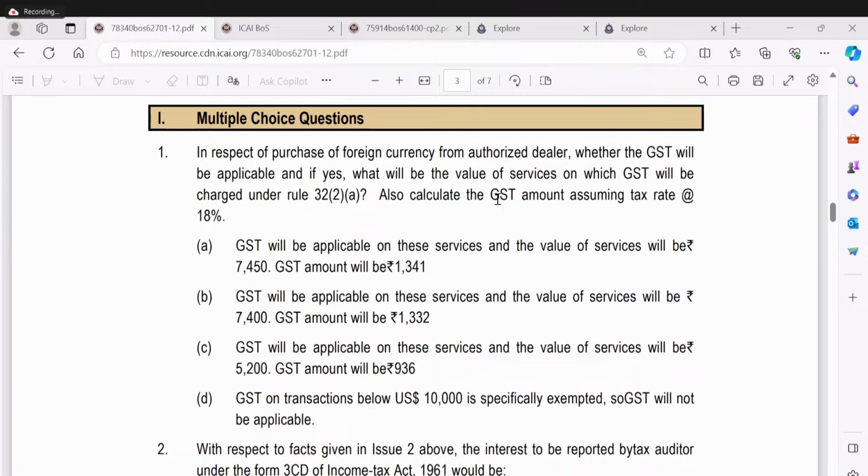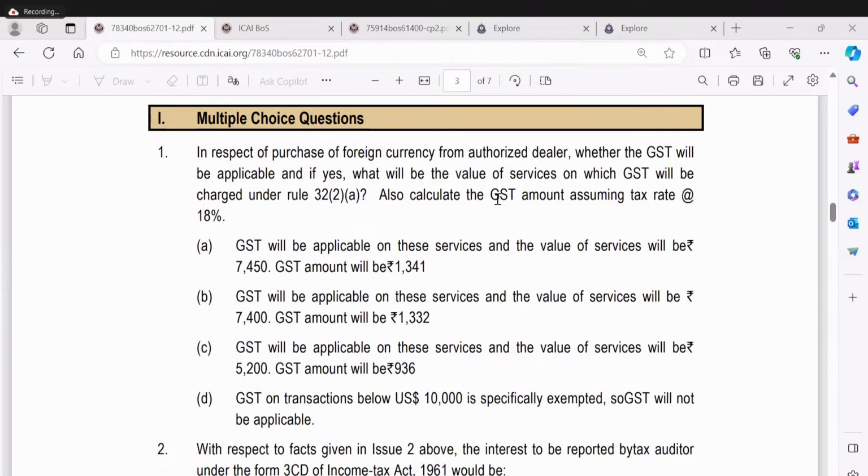Supply is supply of goods or services. So this transaction of purchase of foreign currency or sale of foreign currency becomes a supply, and GST would be leviable on it in case consideration is charged and it is in course or furtherance of business. And these elements are present in our case. In this case, the purchase of foreign currency is in course or furtherance of business and consideration is being charged here. So this becomes a supply, and GST is leviable on the same.